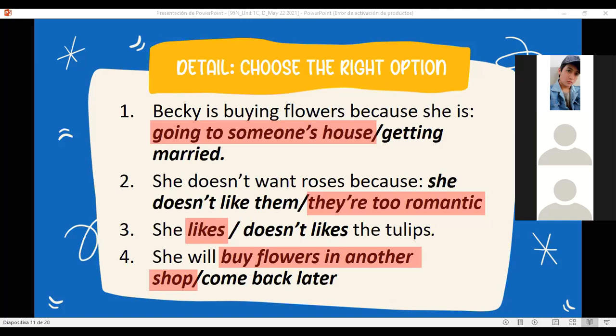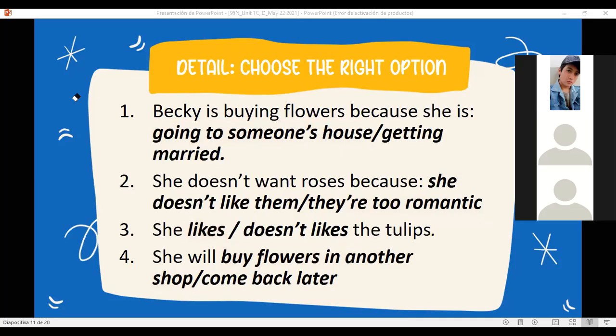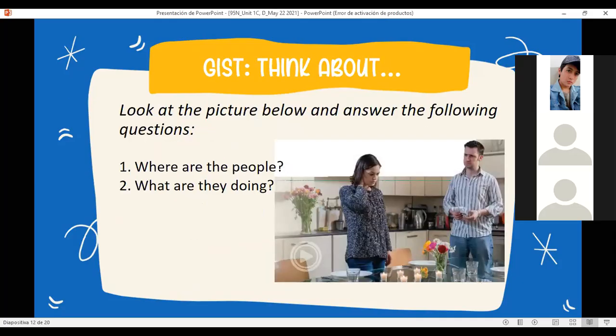Once again, you're going to see a picture, guys. This time a different one. Answer the next question. Look at the picture. Where are these people? Can you tell me where they are? Angie, where are these people?